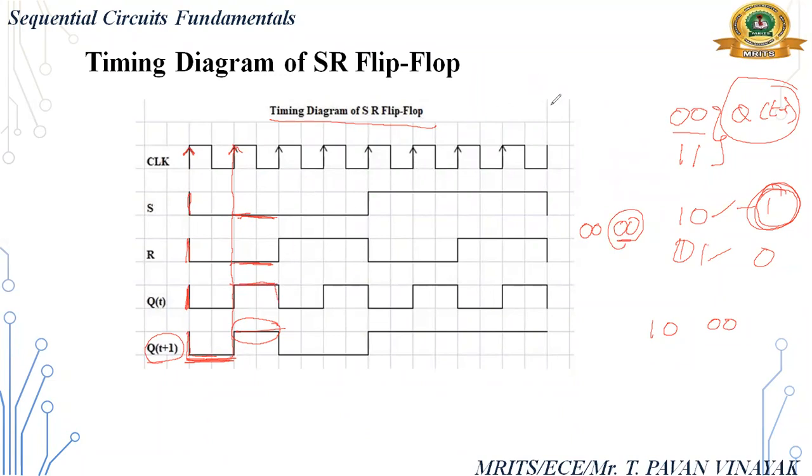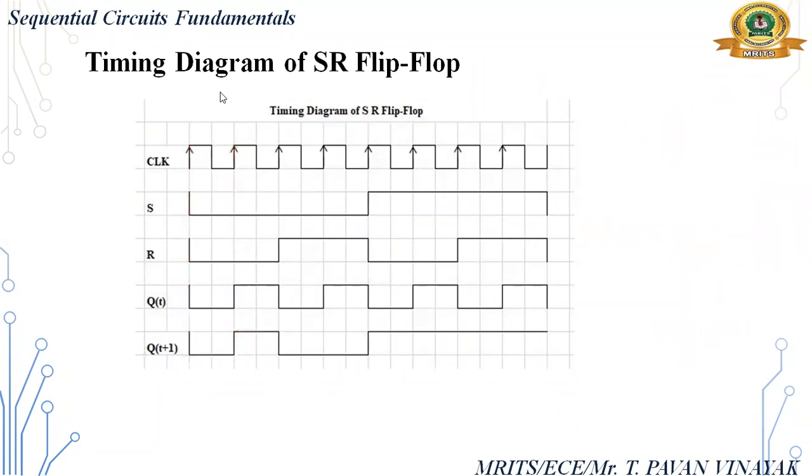So carefully understand the timing diagram and draw it. Mostly this timing diagram is useful for GATE exams. Based on the timing diagram, they ask the output, at which second the output we get. So for the GATE exam, timing diagrams are important.